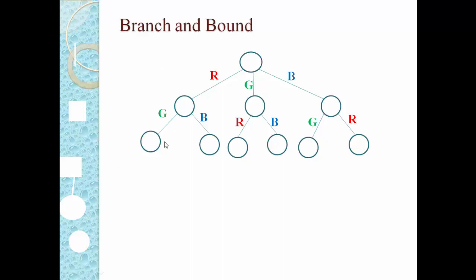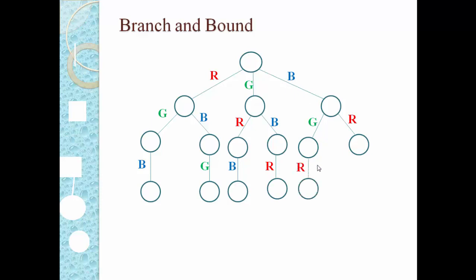Now the next level: we already used the red object and the green object, so only one possibility. Here we are using the blue object to fill our bag. Next one, here we can use the green object. Here we have used green, red, so our next possibility is blue. Here we have used green, blue, so the next possibility is red. Here we have used blue, green, so the next possibility is red.